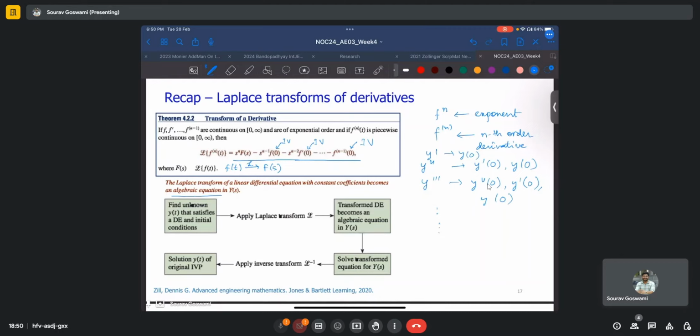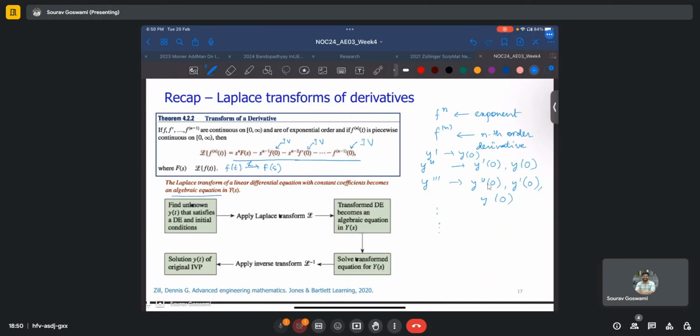The general algorithm for utilizing Laplace transforms for solving differential equations is also given here. First we form the differential equation; we find the unknown y of t which satisfies the equation and the initial conditions. We apply the Laplace transform to either side of the equation. Now the transformed differential equation will become simply an algebraic equation in Y of s.